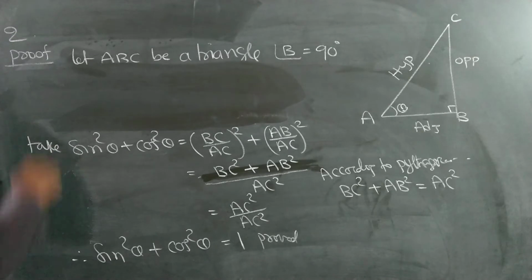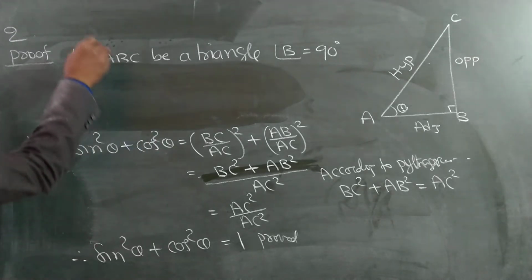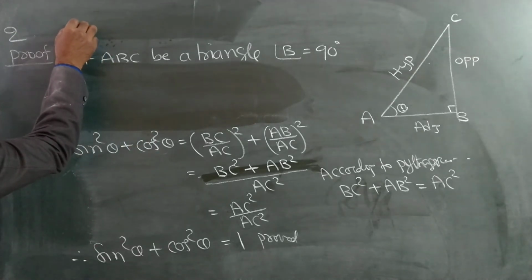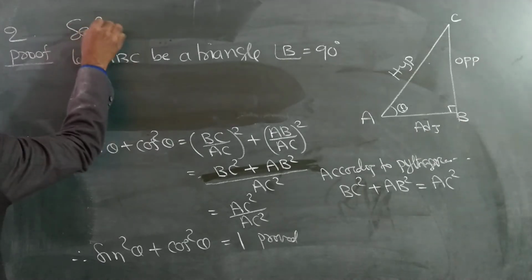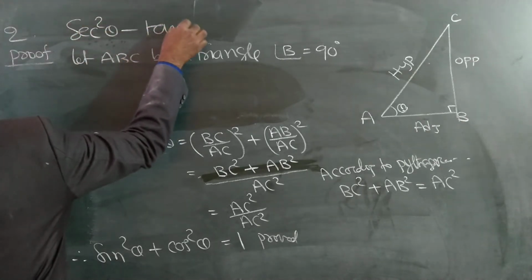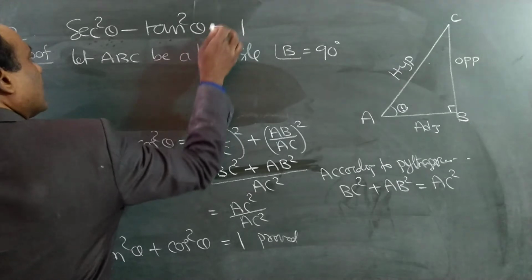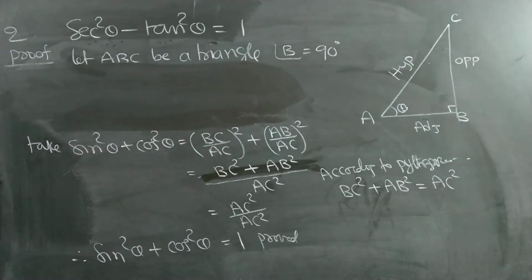The second formula or second identity is, write this identity, the second identity. I am going to prove it.